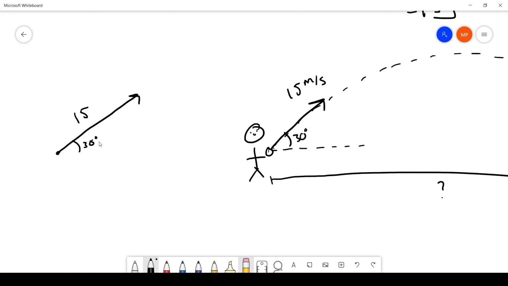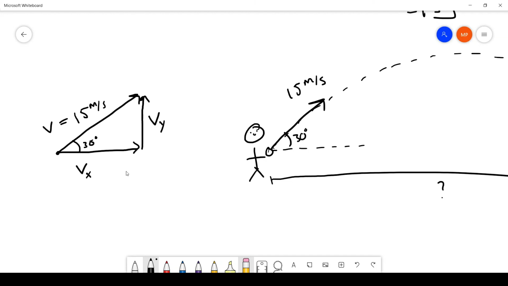And the important part about this is that we can say that, okay, well this arrow here, this vector, can be broken down into two parts. The x component, in which if we're saying that the velocity v is equal to 15, we can say that the velocity in the x is equal to whatever this vector pointing to the right is. And if we just go straight up, we can say that the velocity in the y is equal to whatever this component is.